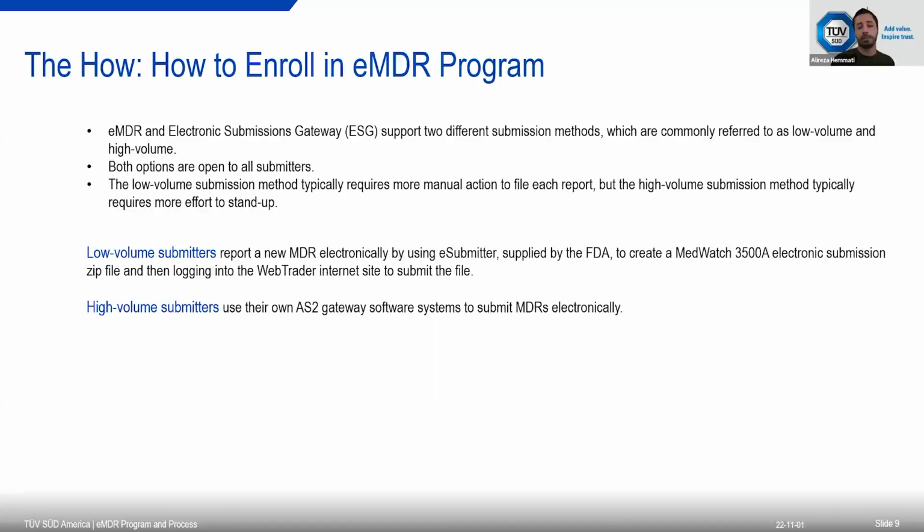It's not something that FDA provides. So the manufacturer, the submitter, needs to make a decision whether they want to purchase it or develop it internally. Of course, other than the cost, it requires validation activities as well.